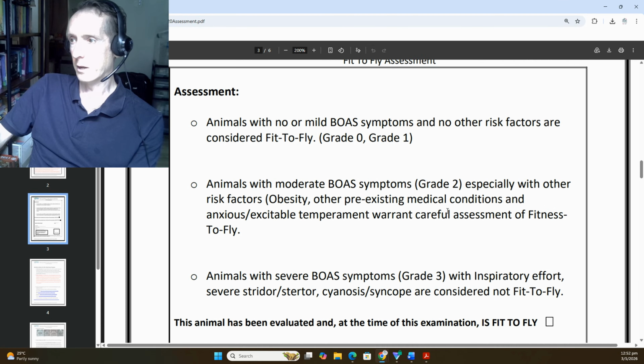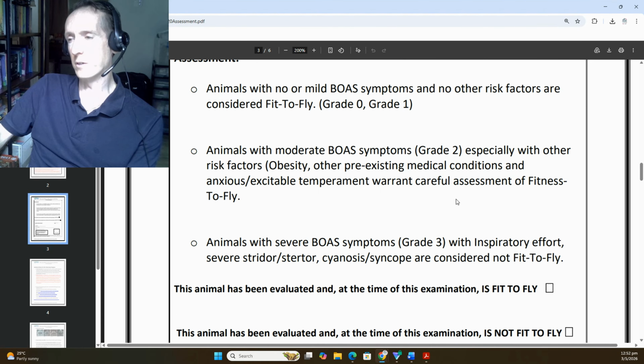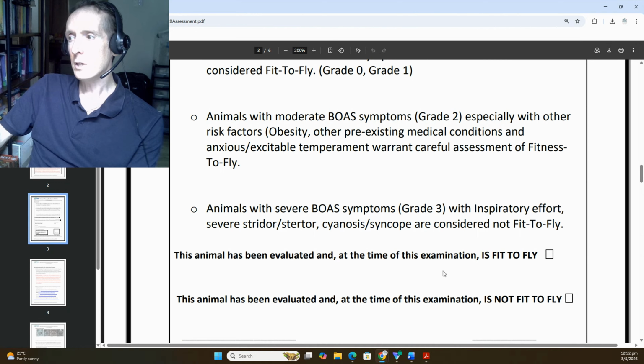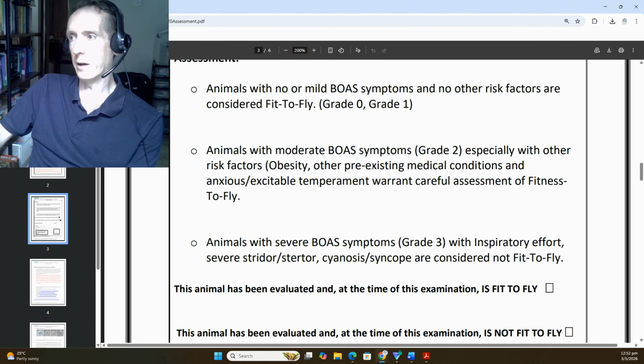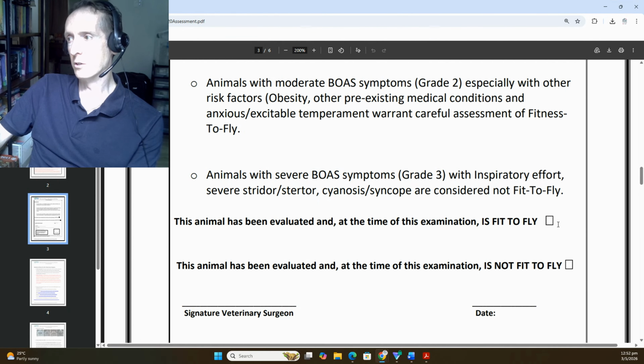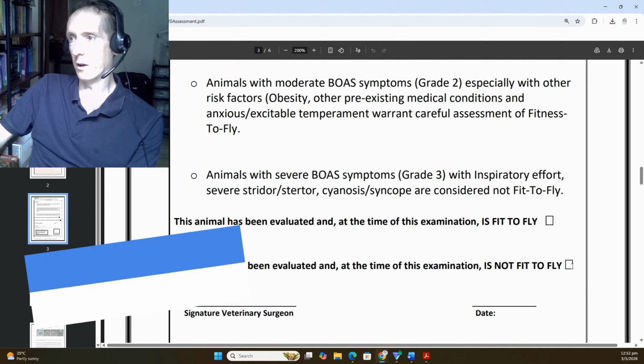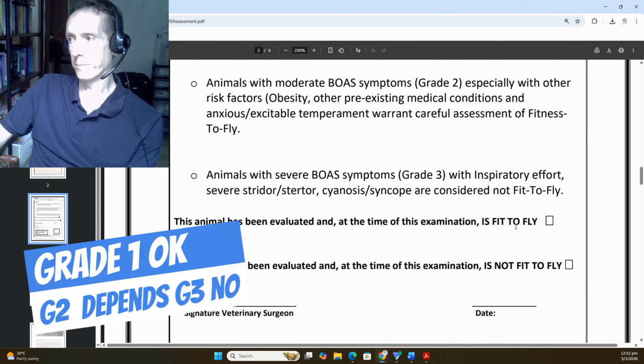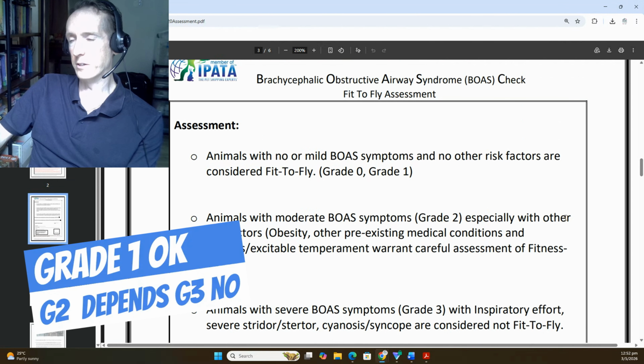They warrant careful assessment. Essentially we grade them out of 3, and then we make a decision: do they fly or not fly? Grade 3 can't fly, and the other ones can fly. So there's a lot of different factors which go into the decision.